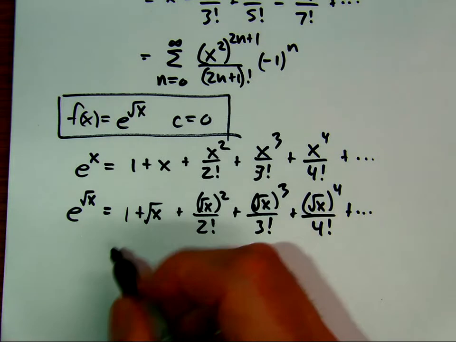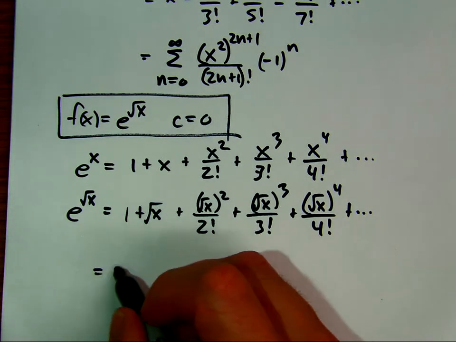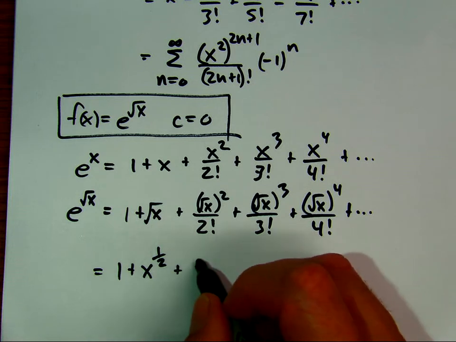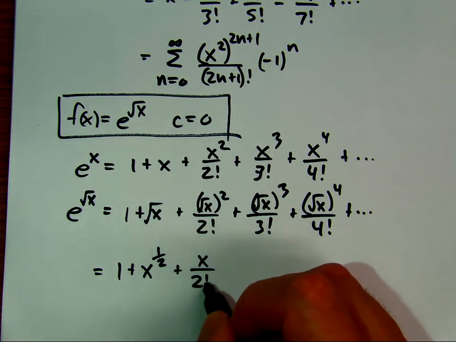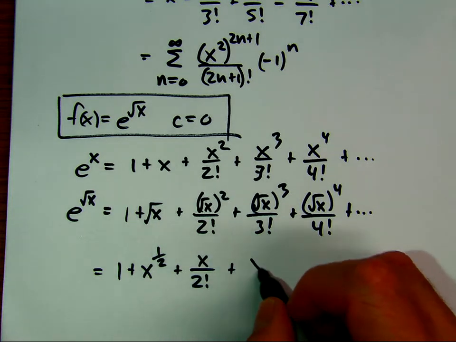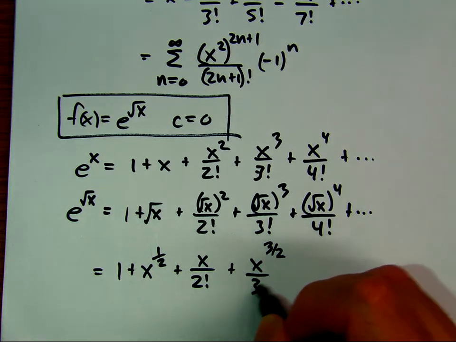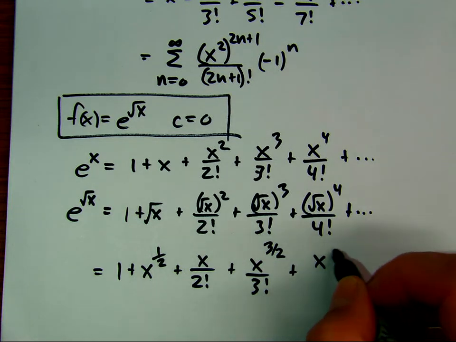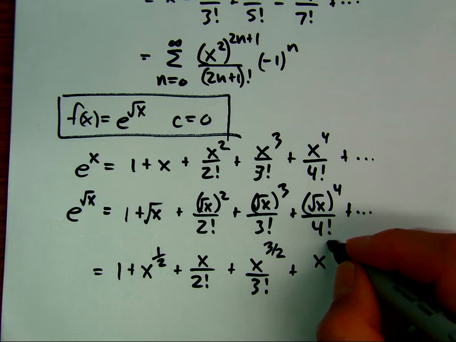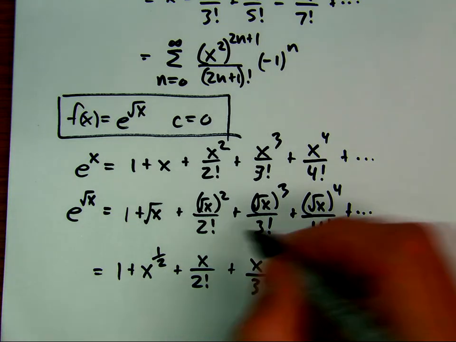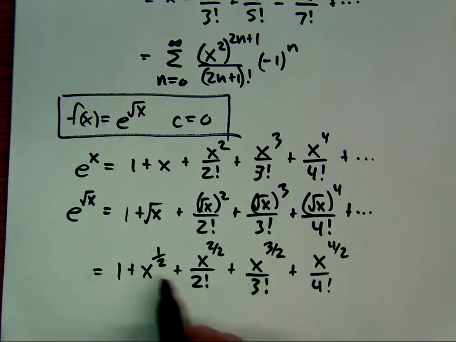We can simplify that. And I'll just write 4 over 2. This would be a 2 over 2. Because then we can see 1, 2, 3, 4.